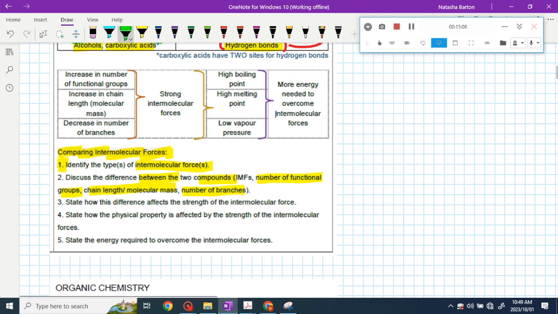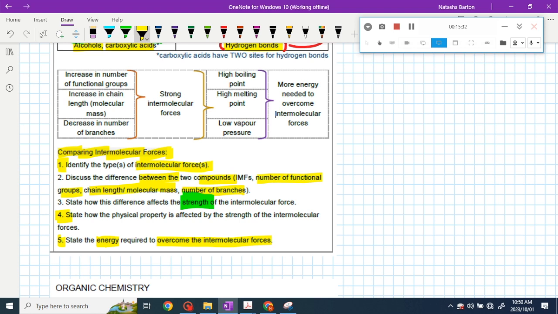And based on that, you are going to say, therefore, the one compound contains stronger intermolecular forces than the other. When you are done telling me which one contains the stronger intermolecular forces, you're going to state the energy required to overcome the intermolecular forces.